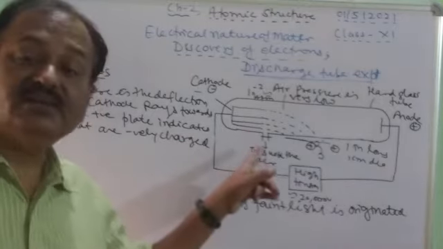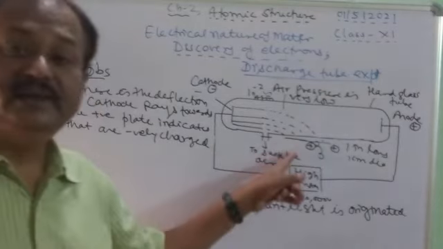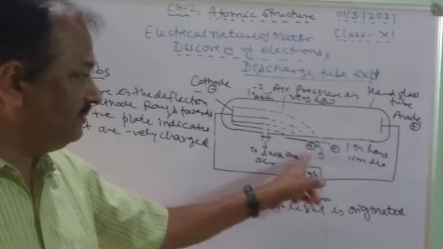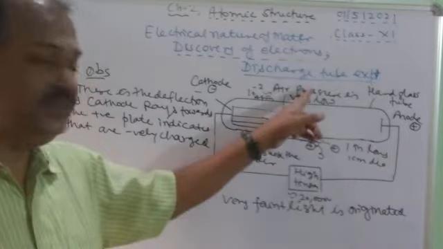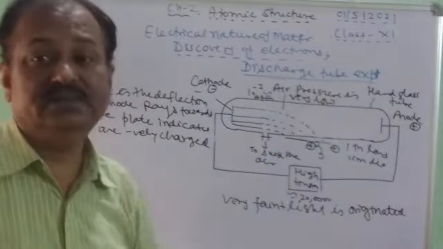The rays which are coming from the cathode are negatively charged. They are bending towards the positive plate. If I put the plate on the lower side, as drawn here, they will move upward. They are very, very small in size.